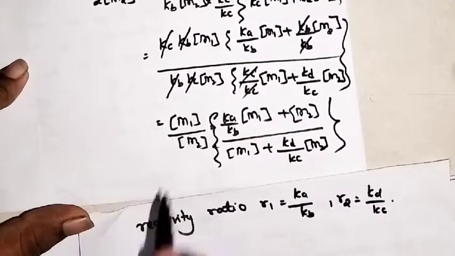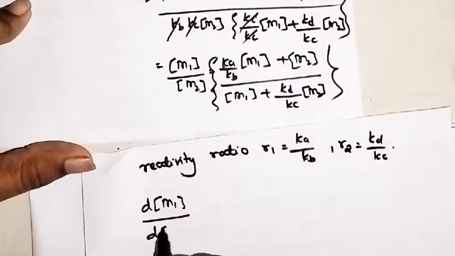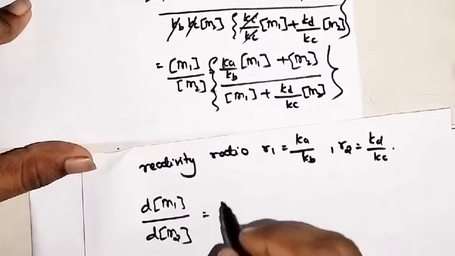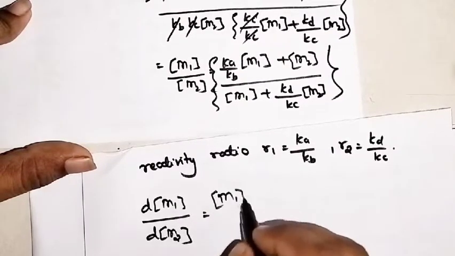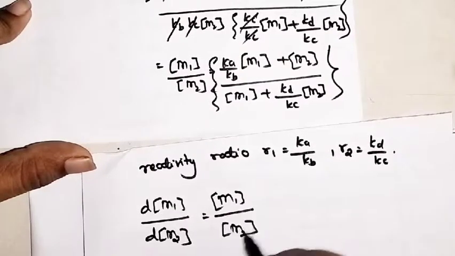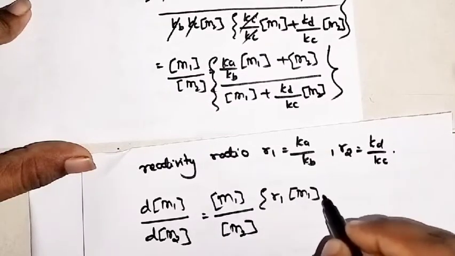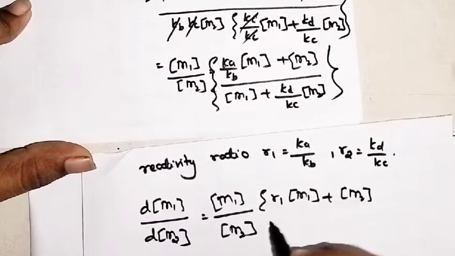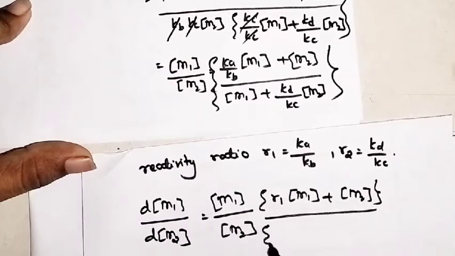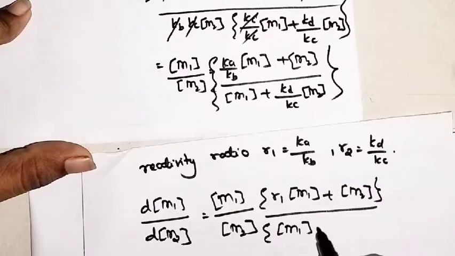Okay, now replacing here. So left hand side is this. So here you have M1 concentration, M2 concentration. Here R1 concentration of M1 plus concentration of M2 divided by concentration of M1 plus R2 concentration of M2.